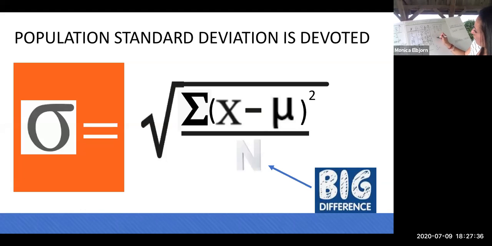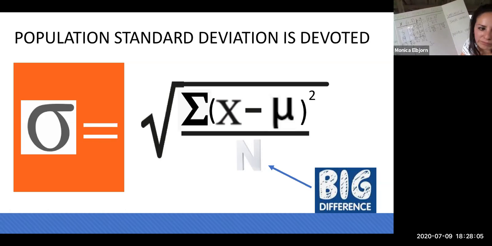The sum of x minus x bar squared was 98, divided by n minus 1, which is 3 minus 1. It's equal to the square root of 98 divided by 2. How much is it? 49. So we got s is equal to the square root of 49, which is equal to 7.